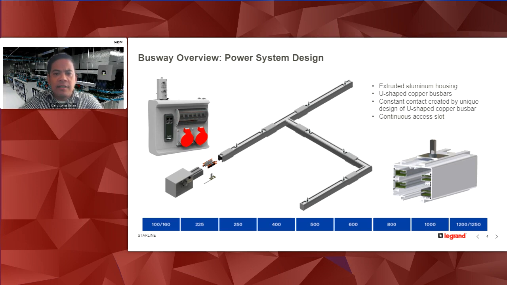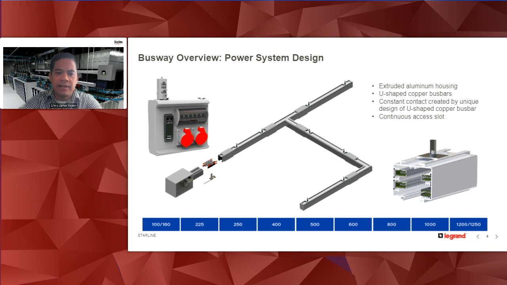The key thing is that it's a U-shaped conductor, and that allows the Starline busway system to be a compression fit, both at the joints and for the tap-off units. It allows for a modular approach to powering racks in that the busway is an open channel with a continuous access slot, and allows tap-offs to be plugged in virtually anywhere along the busway system.